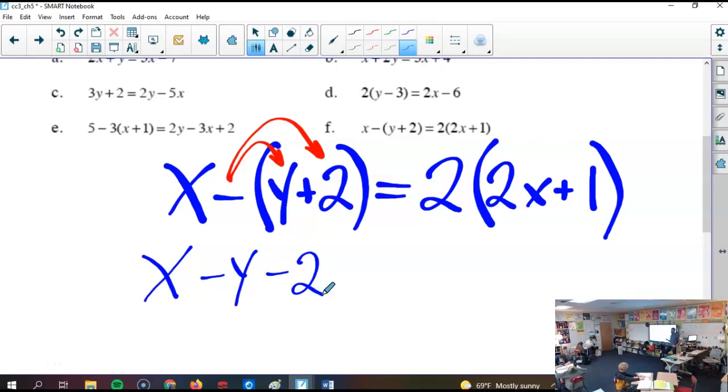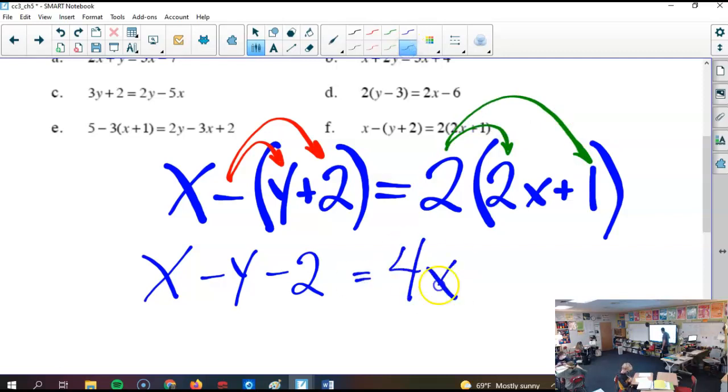But wait, there's more. What else can I do when simplifying? The rest. The 2! So 2 times 2, 2 times 1, oh, those aren't as bad. So 4x and 2.